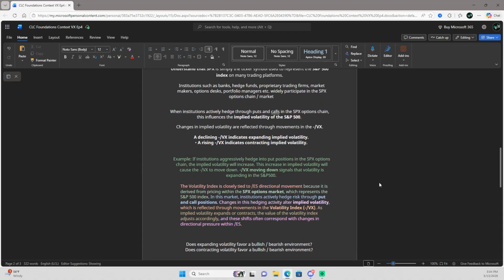So to tie in what we've talked about so far, understand that the reason the inverse volatility index, or the volatility index, same thing, is closely tied to ES directional movement, and the reason it is used to establish a directional bias within ES, is that the volatility index is derived from pricing within the SPX options market, which represents the S&P 500 index.